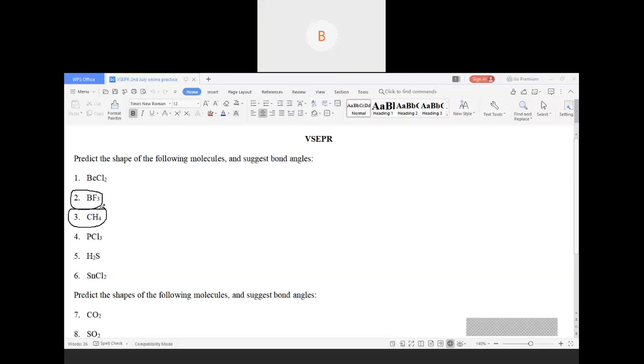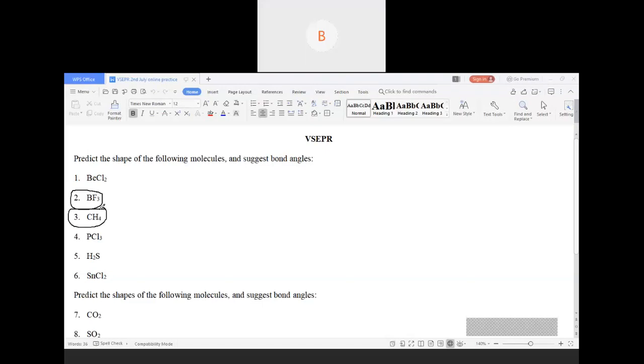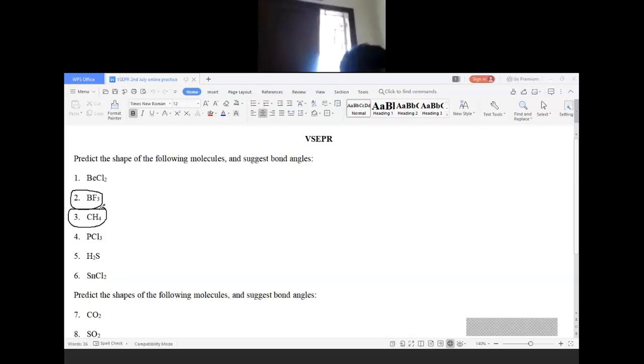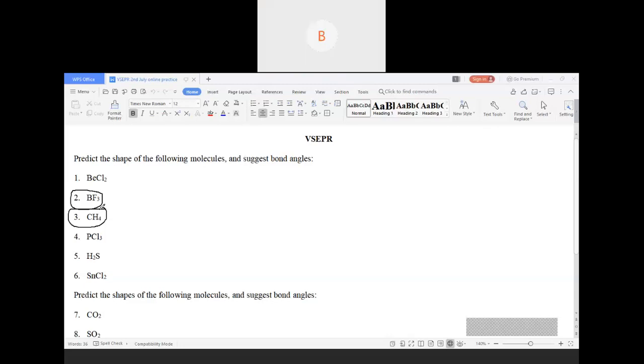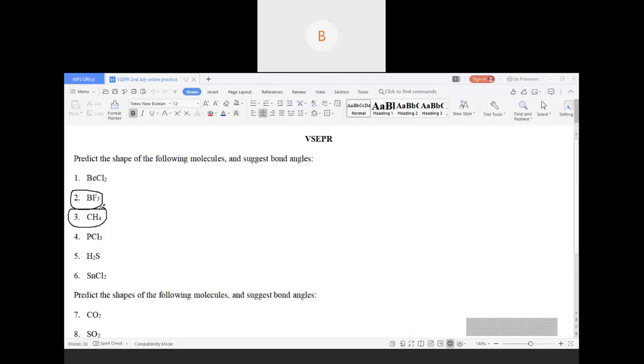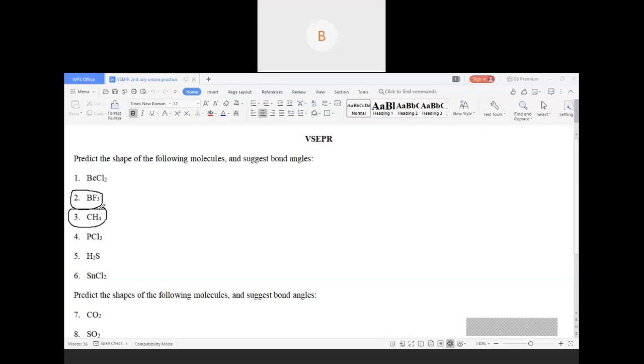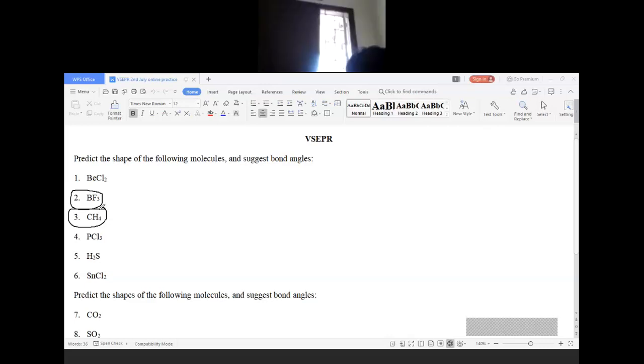And how many lone pairs? 0. So what is the bond angle? The bond angle is 109.5. Yes. And then the shape? Tetrahedral. It's not difficult, right? Yes, it's easy. Do not make it complicated.